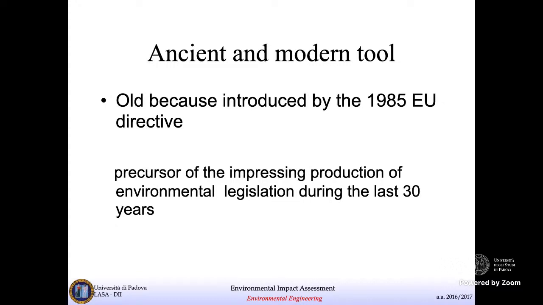So the idea of today's lecture is to give you a taste of the enormous amount of legislation that was produced as a consequence of European guidelines or European legislation into national member states' legislations.